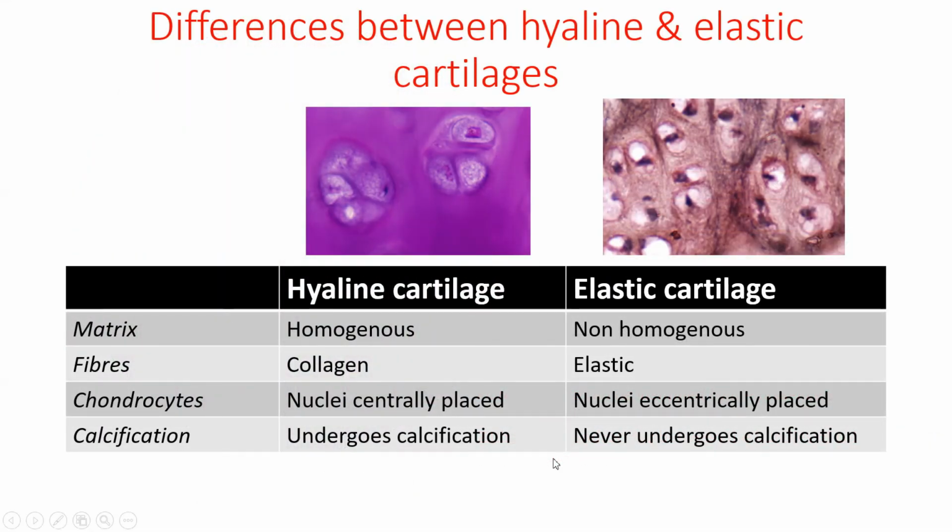This is a slide showing the differences between hyaline and elastic cartilages. In hyaline cartilage, the matrix appears homogeneous because the collagen fibers present in the matrix have the same refractive index as that of the ground substance, and the matrix is non-homogeneous in elastic cartilage and it contains elastic fibers.